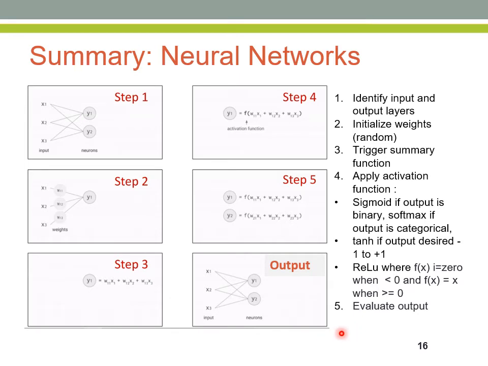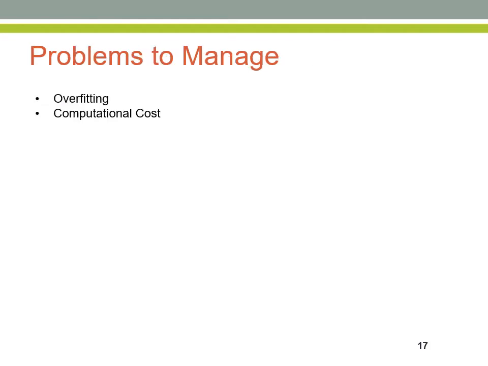Number one, we need to manage the whole idea of overfitting, because as neural networks optimize themselves, overfitting can become a real problem. And as they optimize themselves, even with a gradient step down or a gradient descent, the computational cost can become forbidding. So now let's talk about how to manage overfitting and how to deal with the computational cost.